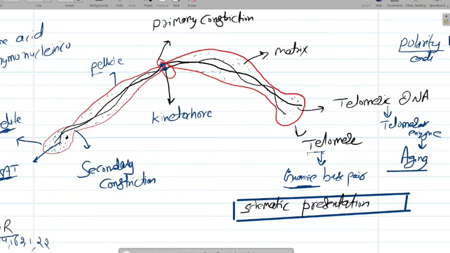Its function is attaching this chromosome to another chromosome. The DNA found in this region is called telomeric DNA, and this area also has the telomerase enzyme, which belongs to the aging process. This is the basic depth structure of your chromosome.